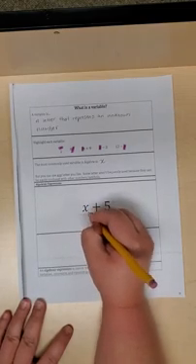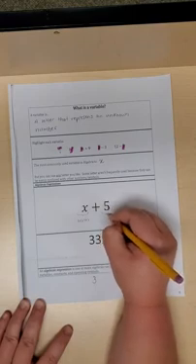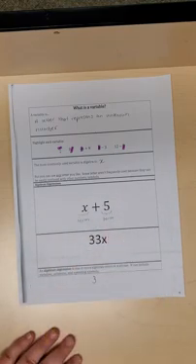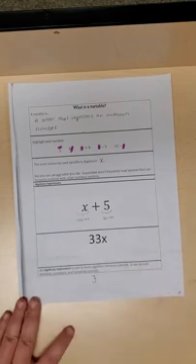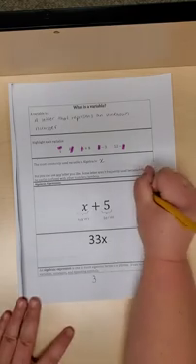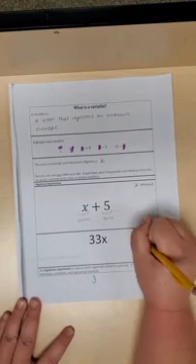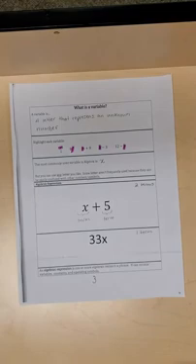So the x is a term, and the 5 is a term. And terms are separated by addition and subtraction. So this expression has 2 terms. This one, though, there is no addition or subtraction, so there's only 1 term. So this one has 2 terms. This one has 1 term. Again, terms are separated by addition and subtraction, okay?